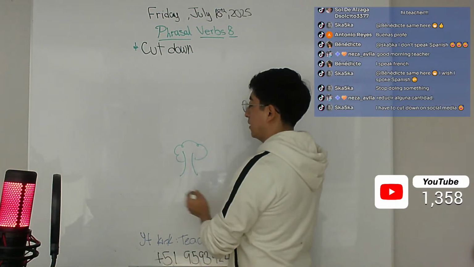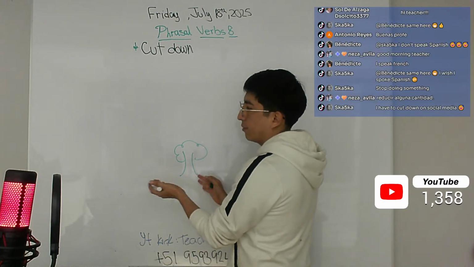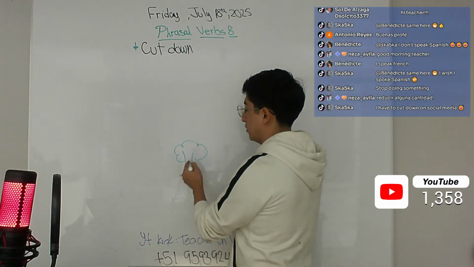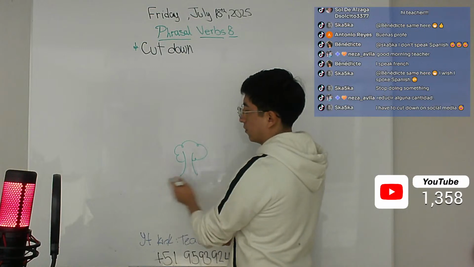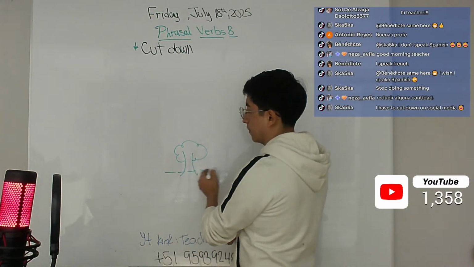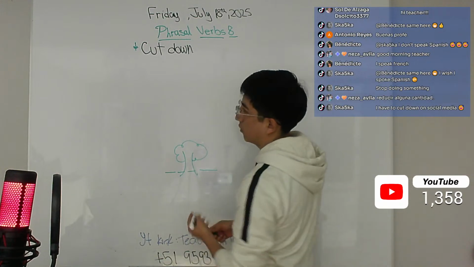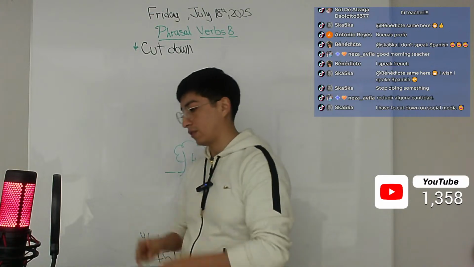Oh my gosh. And then we say, no, well, we don't need this tree here. Or maybe we're going to use this area. So we say, oh, we need to cut down the tree. Okay, so in this case, that would be the second use of that.